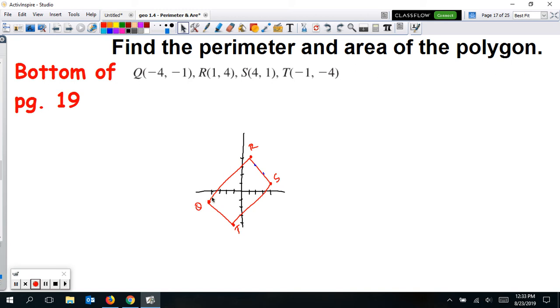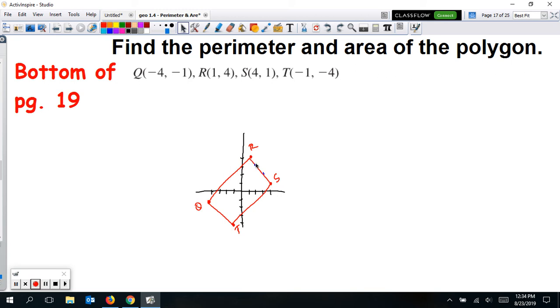It wasn't like those last ones where we could just go ahead and count the distance of each of them. So in order to find the distance of these sides, now QR and TS is going to be the same, and these are going to be the same as well. It is a rectangle, and so these are going to be exactly the same. So it's length times width, if we were trying to find the area.